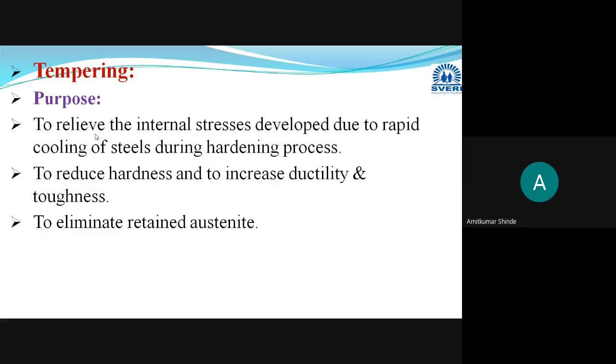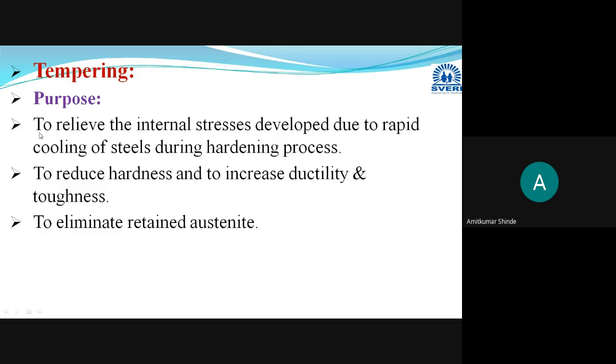Due to the thermal stresses, that component may fail or some cracks may develop. To avoid this, you have to eliminate those internal stresses, and to eliminate them, you have to perform the tempering process on it. So these are the objectives of the tempering process.